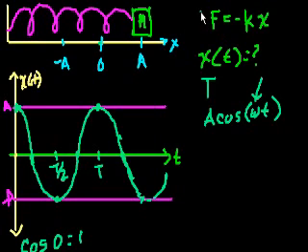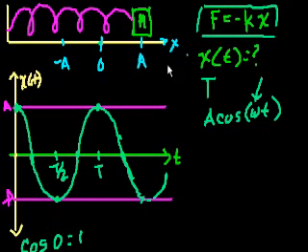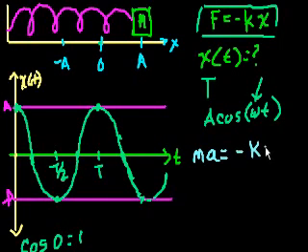So let's rewrite this seemingly simple equation in ways that we know. What's the definition of force? Force is mass times acceleration, right? So we can rewrite Hooke's law as, let me switch colors, mass times acceleration is equal to minus the spring constant times the position, right?